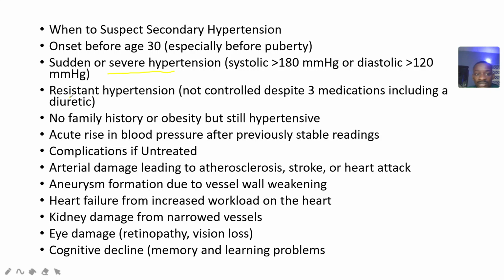Or if this patient is known to have hypertension and you have been treating it, but it has not been solved, that tells you that you have not tackled the underlying cause. Or you see that in their family members there's no history of hypertension, and the rise in blood pressure is just all of a sudden.